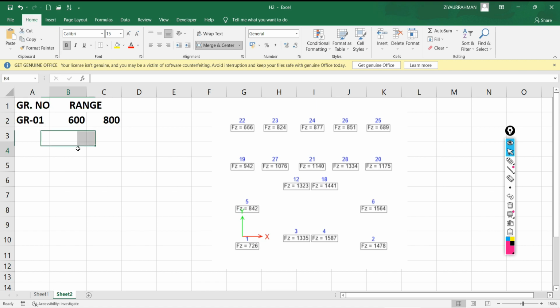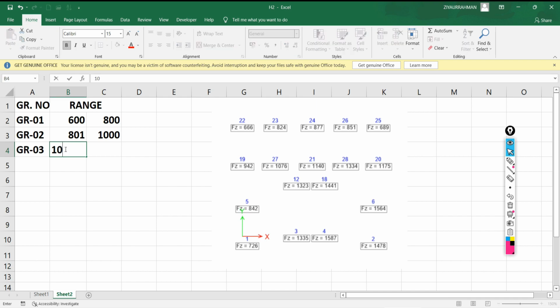Now next, group 2. What range will it be? Obviously 801 to 1000. Okay. And group 3 will be what? Obviously 1001 to 1200. Yes.